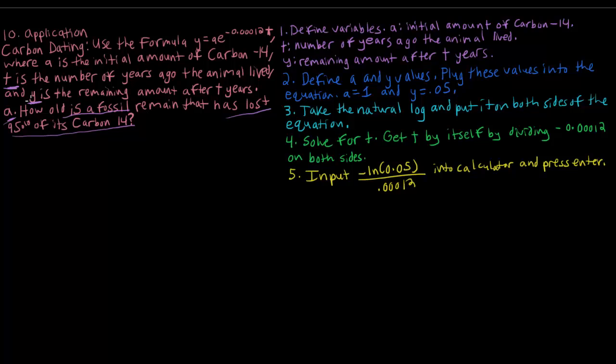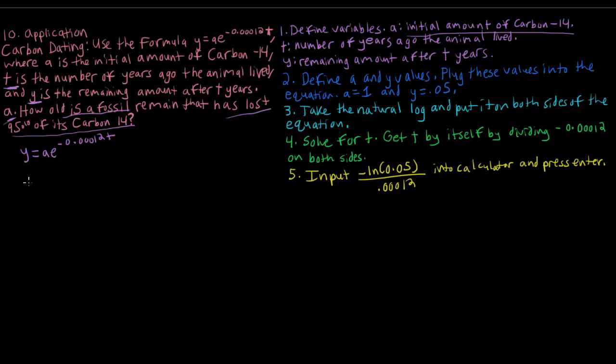Let me see. Define variables. A is the initial amount of carbon-14. So, let's write down our formula. y equals a e raised to the negative 0.00012 t power.